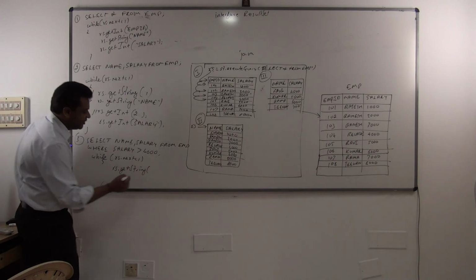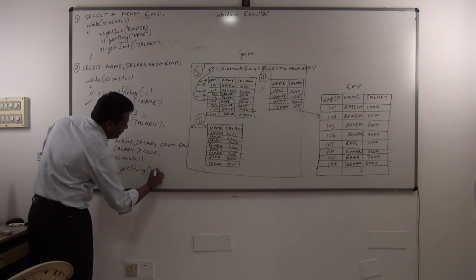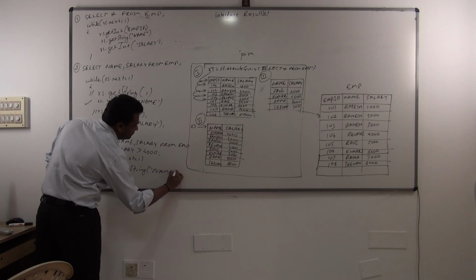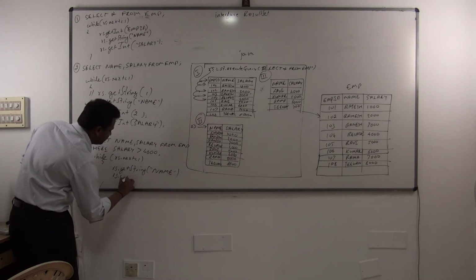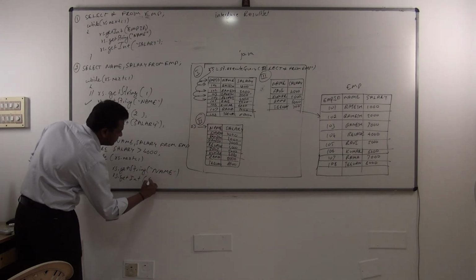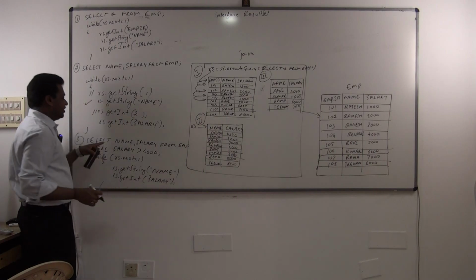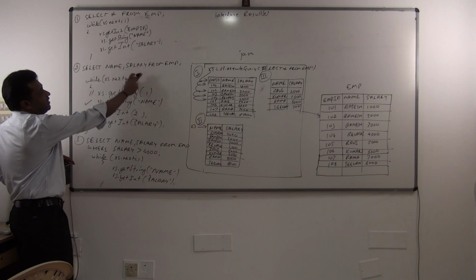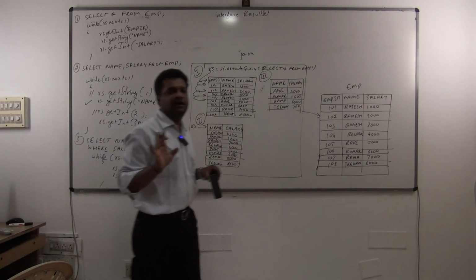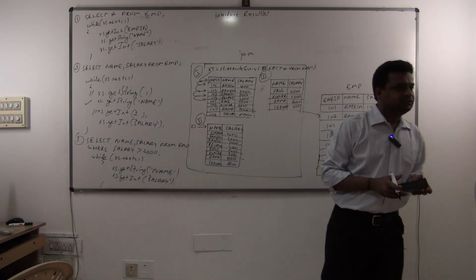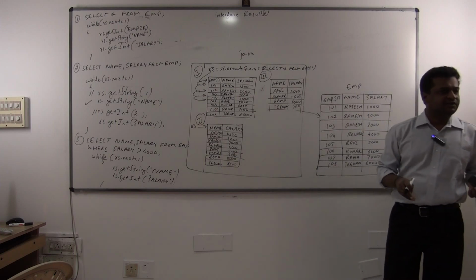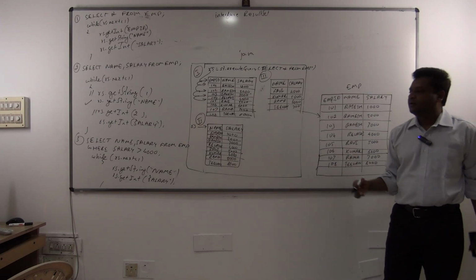So get string of name. Then next rs dot get int of salary. So when you are working with the result set, first look into your query. Only then you can get the values. Don't look into the table. Based on your query, the result set will be populated. Done? Okay, some more queries.